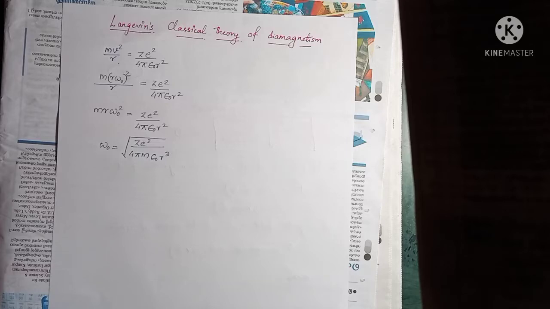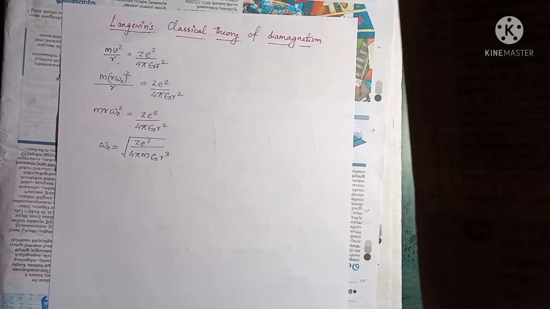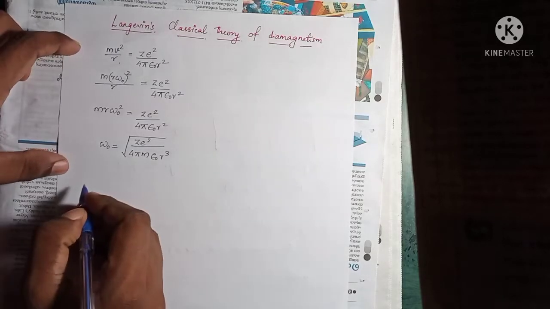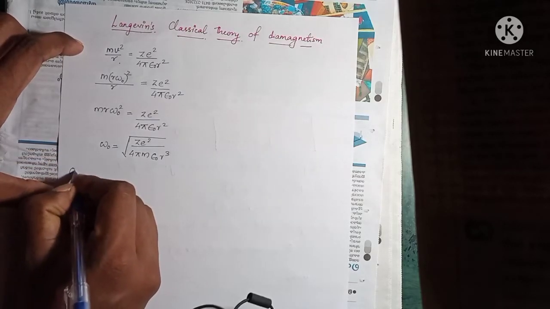Now consider the case when we apply an external magnetic field on this atom. Then an additional term due to the Lorentz force comes into picture. The electron in the circular orbit is also affected by the magnetic field and the Lorentz force resulting from it.